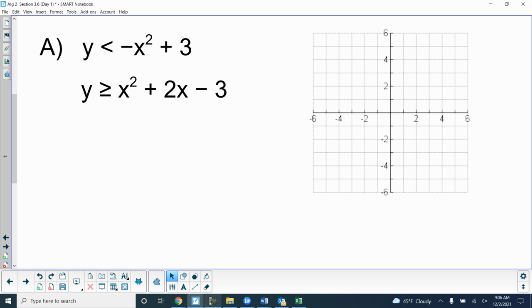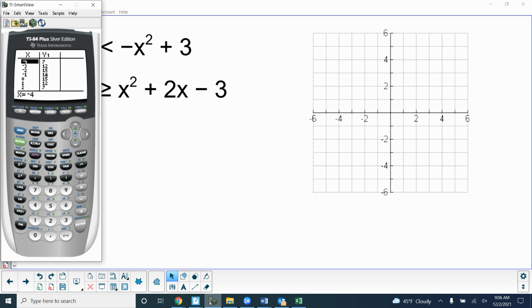XY axis. All right. So if you want, we can put them both in the calculator. Since I already have an x squared there, I'm going to delete that negative, change that minus to a plus, and then -3. And then do the negative x squared plus 3, and then graph.